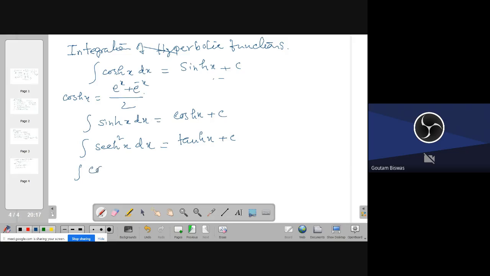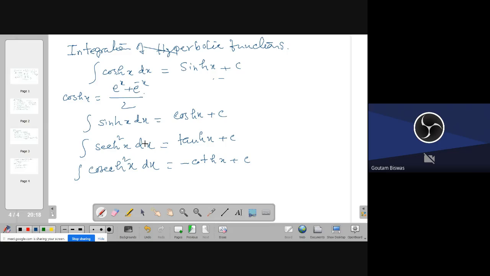Integration of cosec h square x dx is equal to minus cot hx plus c. All these integrations can be evaluated just by replacing sin hx, sec h square x with their expression, and so on. So you can do it easily.